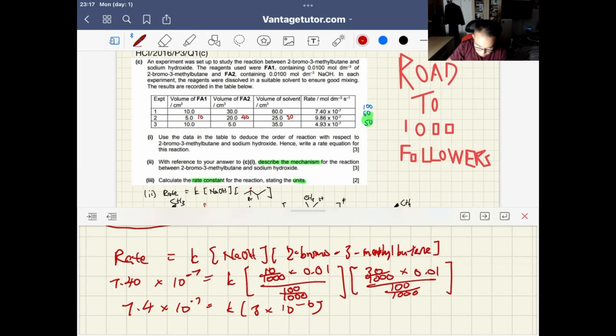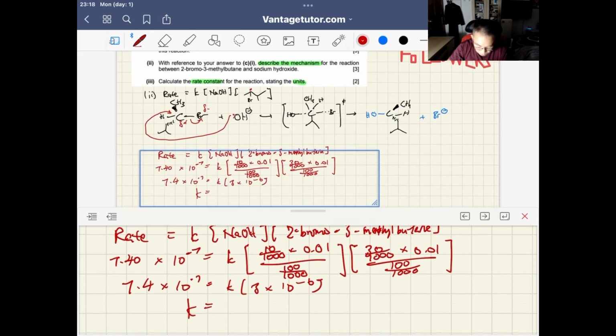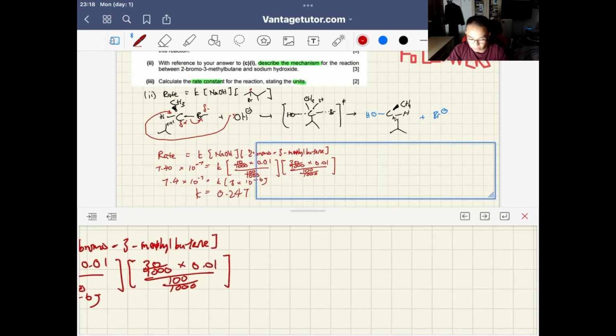Okay, then going further, k is therefore equals to 7.4 times 10 to the power negative 7 divided by this, which is about 0.247. Okay, so I need to do my units, so I'm going to do my units on the right hand side.